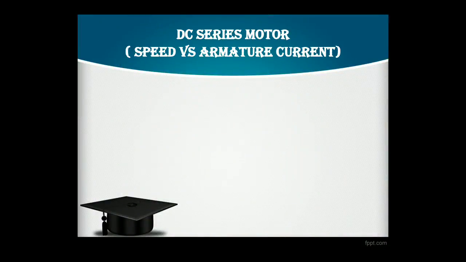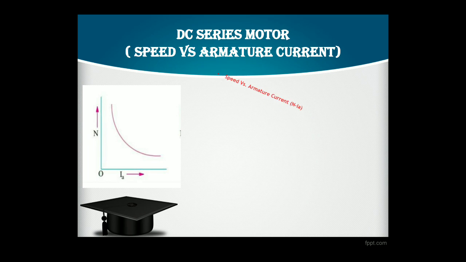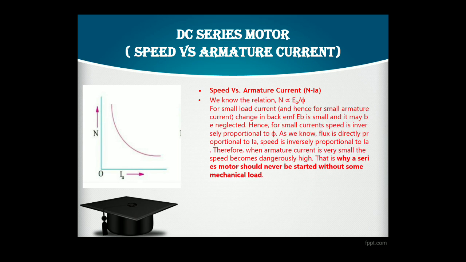Now the next one is the speed versus armature current curve of the DC series motor. Here you can see the graphical representation of speed versus armature current, that means N versus Ia. We know the relation N proportional to EB by phi.